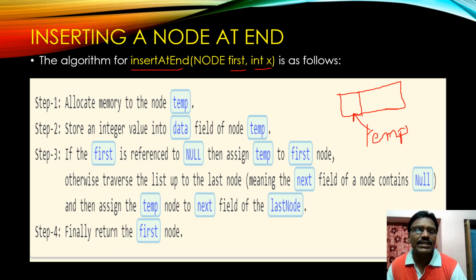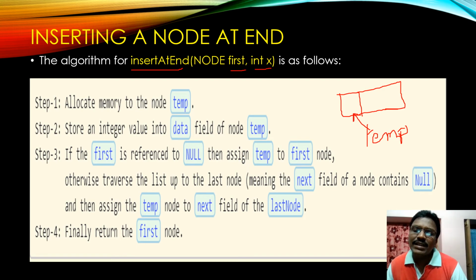Then, if the first is referring to null, it means initially the first is representing null. The null means there are no nodes in the single linked list. In that case, assign temp to the first. It means at present the created node is the first node. Otherwise, traverse the list up to the last. It means if you have two or more nodes, traverse from the first to the last node, meaning the node whose next field contains null.